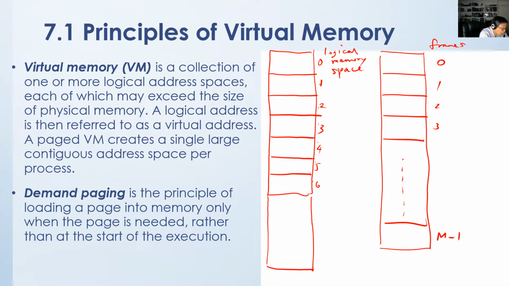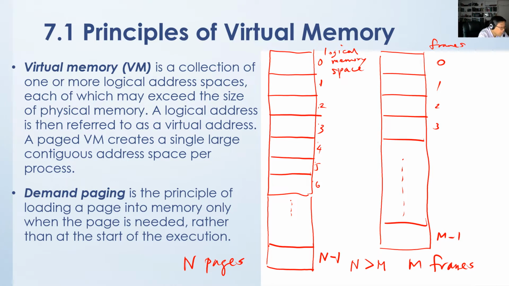Let's assume that we have a logical memory space which contains n pages, from 0 to n-1, and there are m frames. In some cases, n could be bigger than m. How can we actually do this?